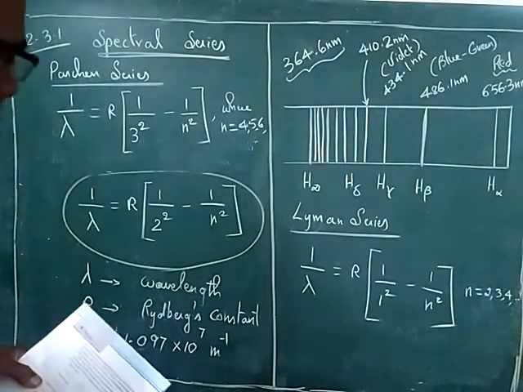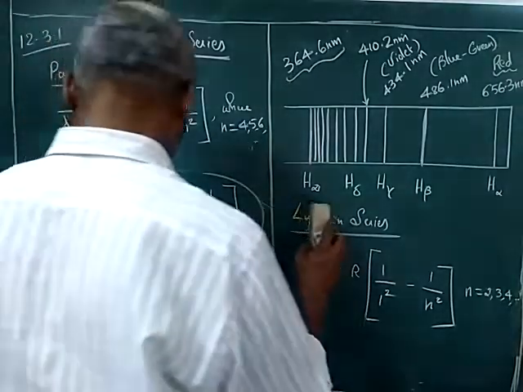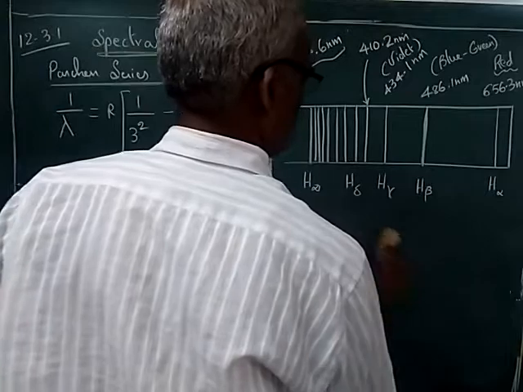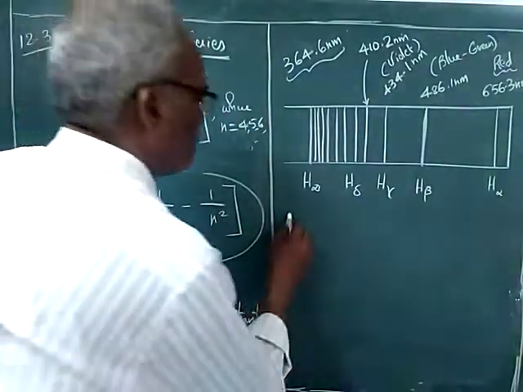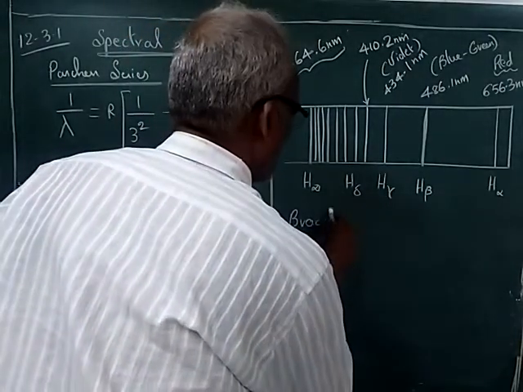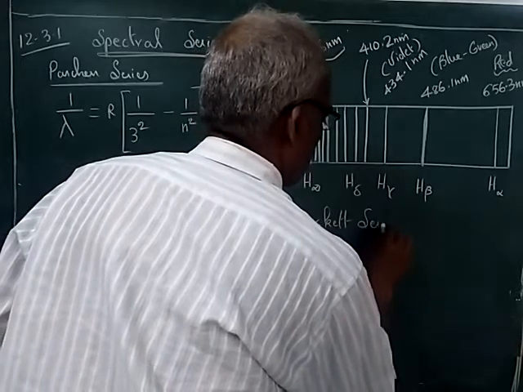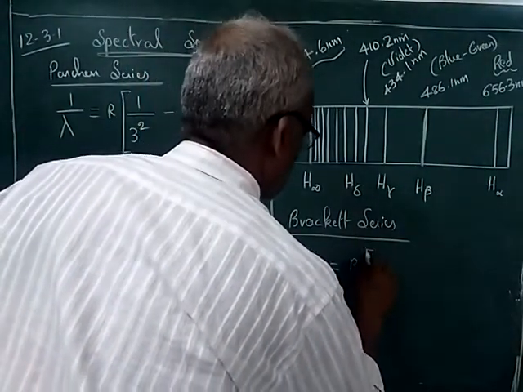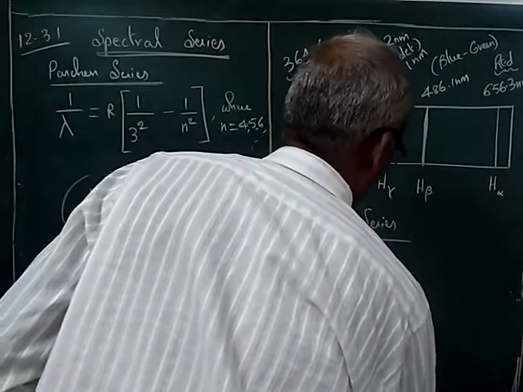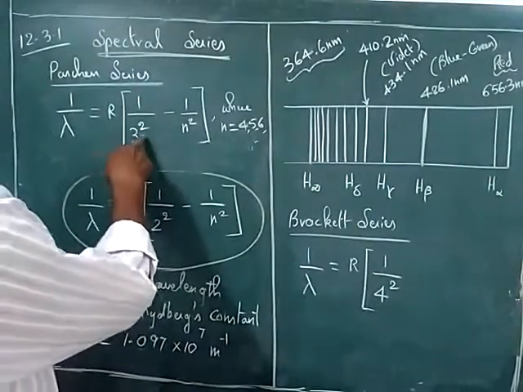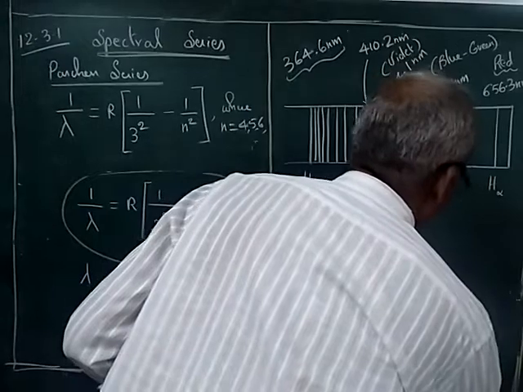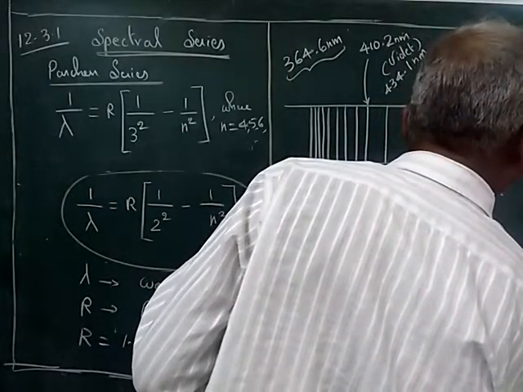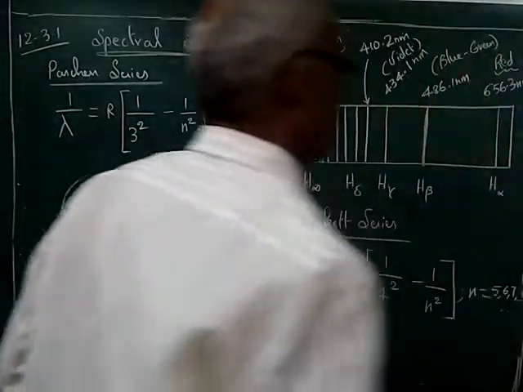Next we are going to see about the Brackett series. In the Brackett series, 1 by lambda is equal to R into 1 by 4 square minus 1 by n square, where n is equal to 5, 6, 7, etc. Previously with the Paschen series it was 3 square, now it is 4 square.